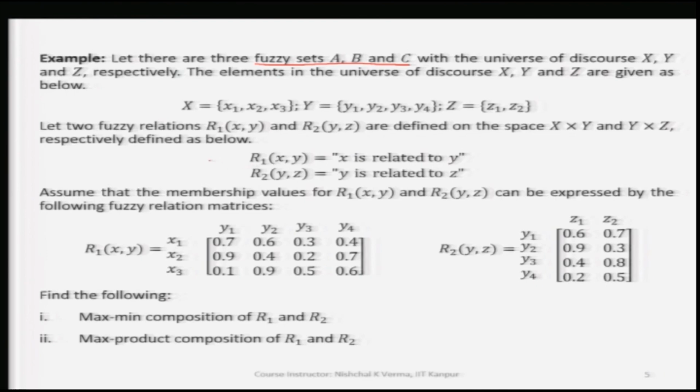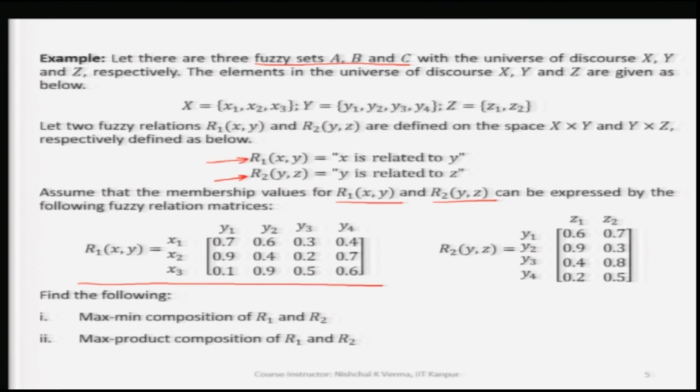So, if we develop a relation set R1 between X and Y, we can say that R1 is a fuzzy relation set based on X, which is related to Y. Similarly, we have another fuzzy relation set R2, in which Y is related to Z. Let us assume some membership values for R1 and similarly for R2, and we write the fuzzy relation matrix R1 as we have already seen in the previous lectures.